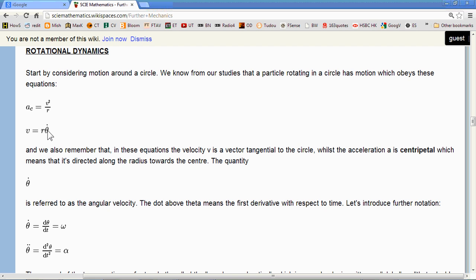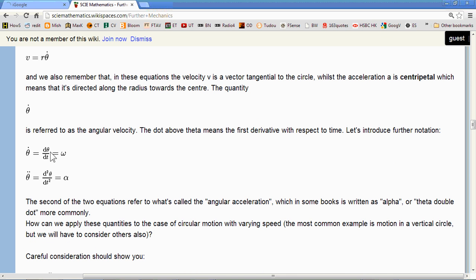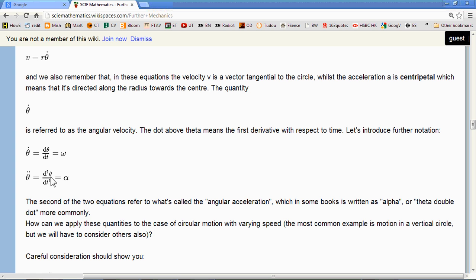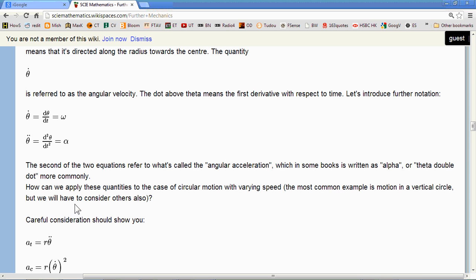The main equations to know are v equals r theta dot, meaning the linear velocity is equal to the angular velocity times the radius, and theta double dot, where this dot notation means derivatives with respect to time, theta double dot being the angular acceleration, the second derivative of the angle theta with respect to time. As you can see, sometimes it's written alpha, but usually not.